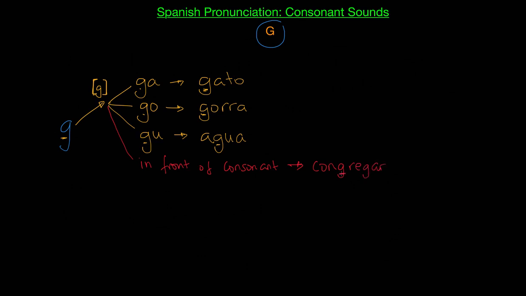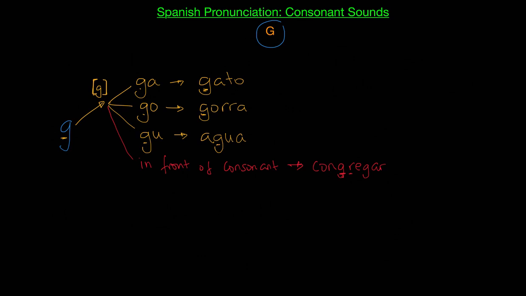We've got the G here in front of an R, which is a consonant, so we pronounce this as G. So we've got gato, gorra, agua, and congregar. Same sound in all the cases. So that's pretty much it for the sound g.